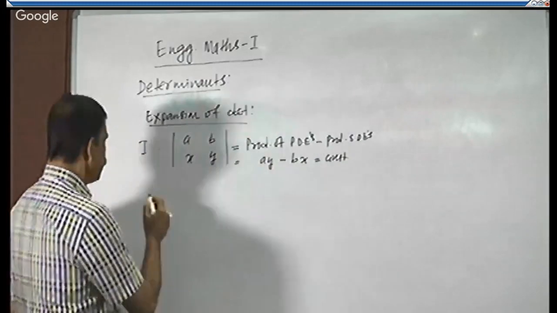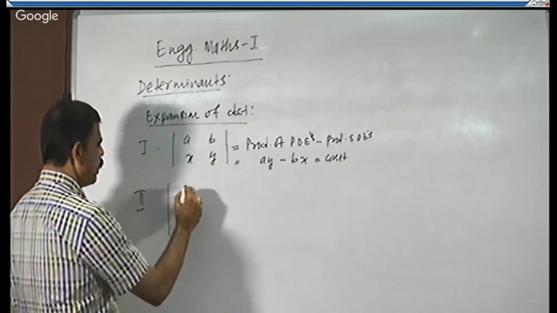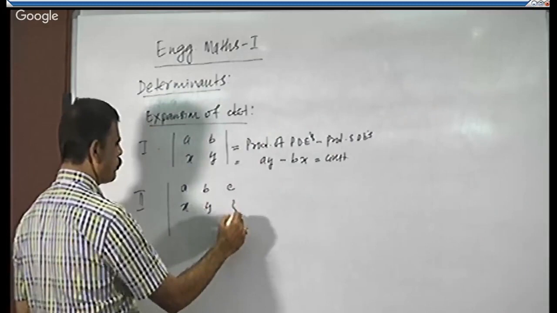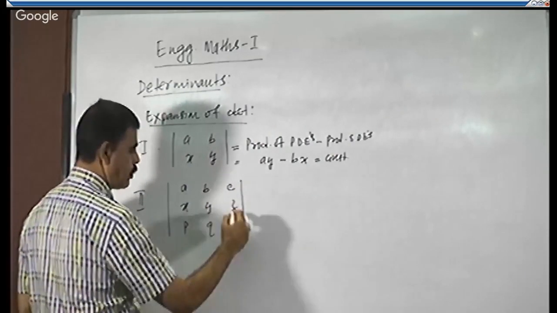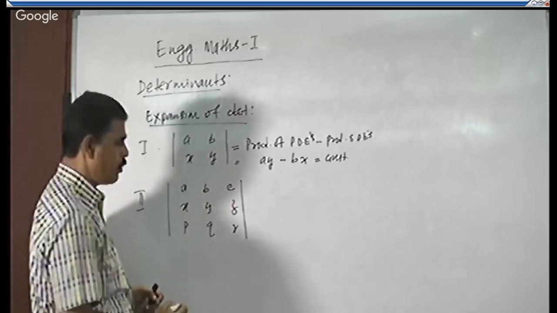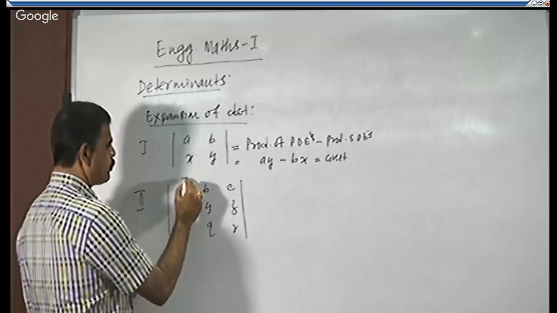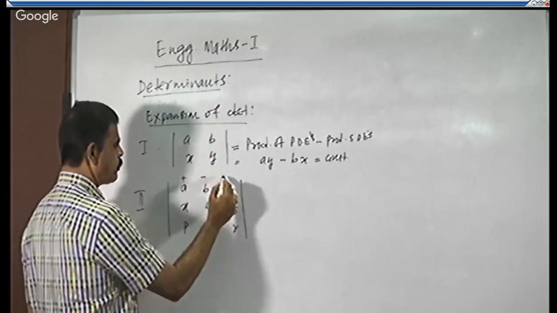Right? Let us take a third order determinant. A, B, C, X, Y, Z, P, Q, R is a determinant of third order. To expand this determinant, you put the standard signs over the first row: plus, minus, plus.